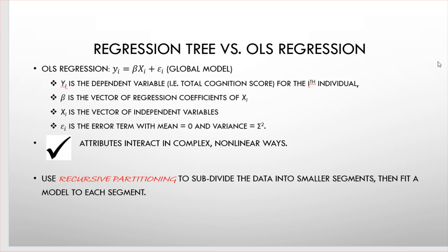When that's the case, we can use regression trees to subdivide the data into smaller segments. This is what we mean by recursive partitioning. After we subdivide the data into smaller segments, we fit a model to each segment of the data.